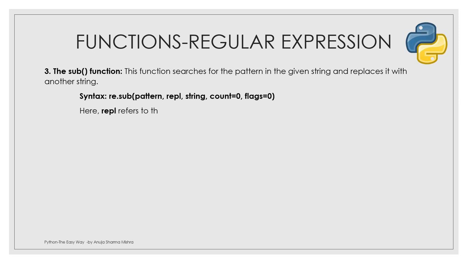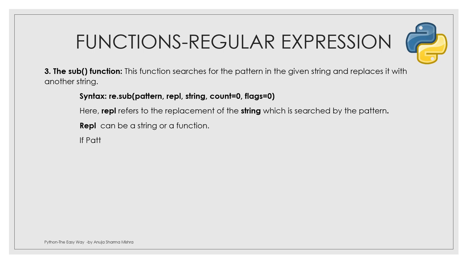So the syntax is re.sub, the pattern you want to find, then repl, which refers to the replacement with which you'll replace the pattern found in the string in which you will be searching. Then there is another argument, count. Count is the maximum number of times you want to replace. One more thing: if the pattern is not found, it will give you the unchanged string.